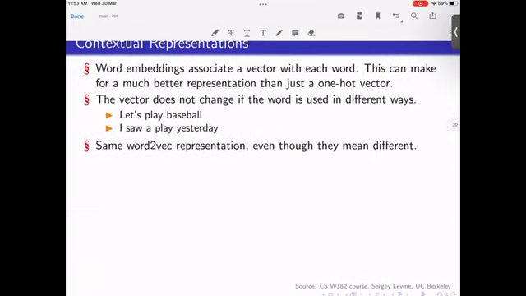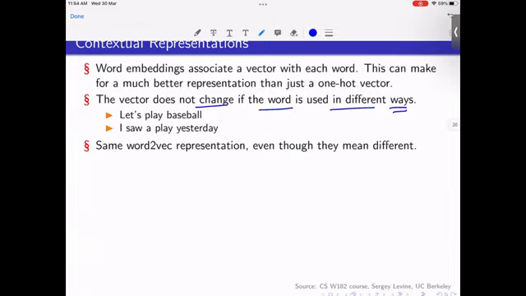Now there is one problem: the vector does not change if the word is used in different ways. If the word is used in different ways, you still get the same representation, because you just have that u and v vector, a stored vector in some table.